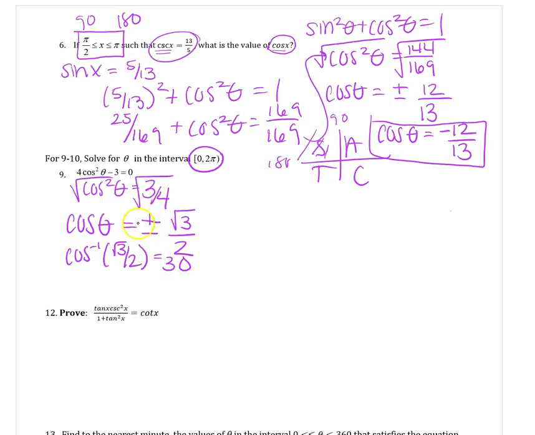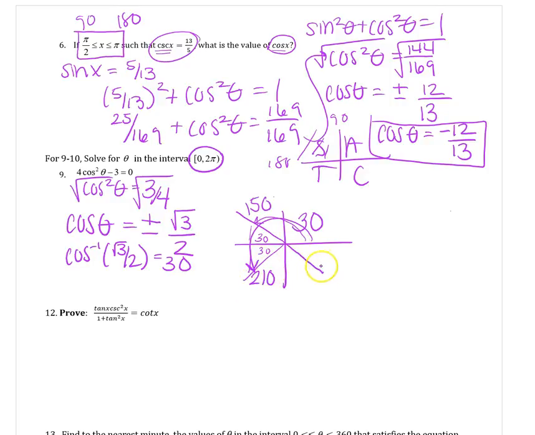Okay, now positive or negative, because we took the square root of a square, so we have 2 solutions here. Therefore, we have an angle in every single quadrant. Our quadrant 1 angle would be 30. Our quadrant 2 angle, if our reference angle here is 30, would be 180 take away 30, which would be 150. 180 plus 30 would give me the angle in quadrant 3, so that's 210.